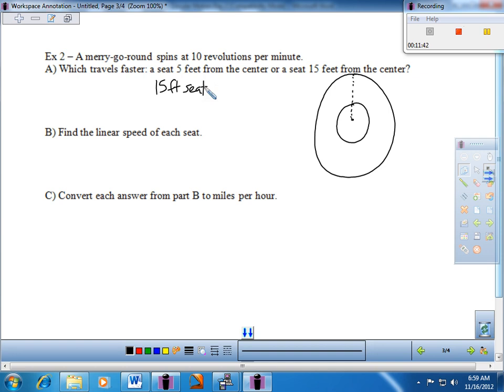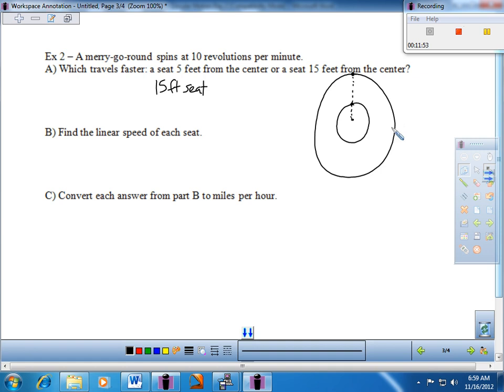And here is the argument behind that. Think about the seat right there and the seat right there. Each of those seats is making 10 revolutions in a single minute. But if you look at it, this one has to cover quite a bit more distance in a single revolution. So if it's traveling a greater distance in the same time, it has to go faster.